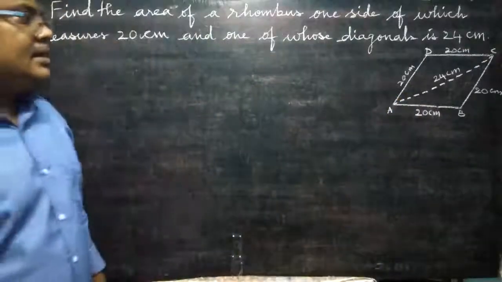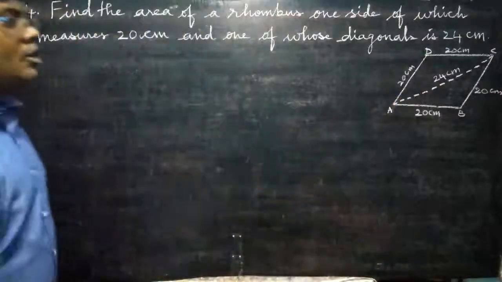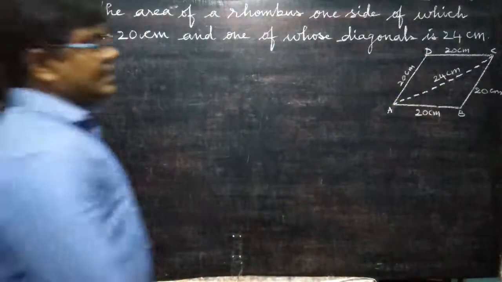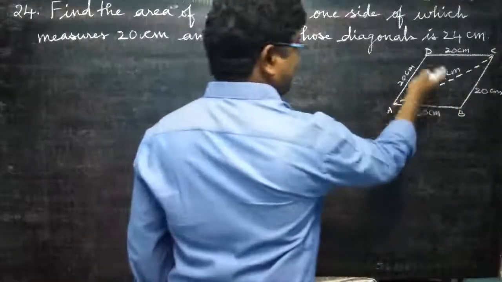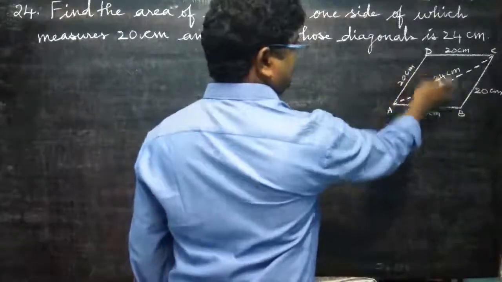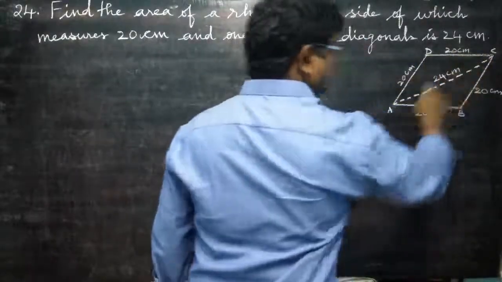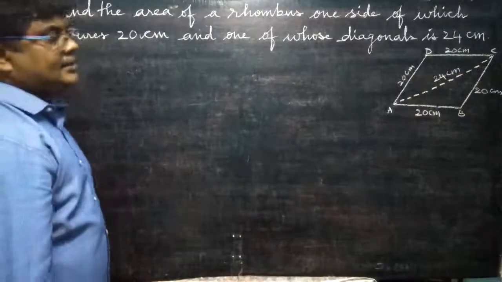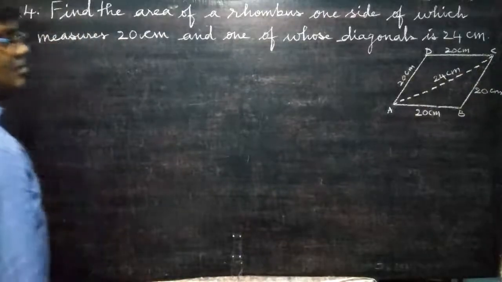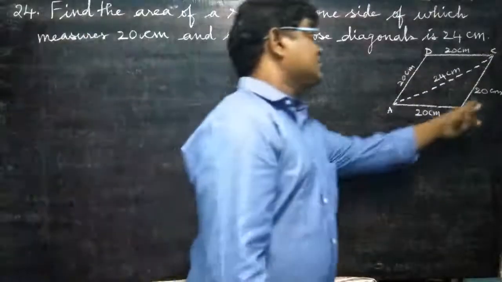This diagonal divides the given rhombus into two congruent triangles. So let us find one triangle area, then we will add the same area because both areas will be same. Triangle ABC how much? Triangle ADC also that much. Congruent triangles by SSS axiom of congruency.